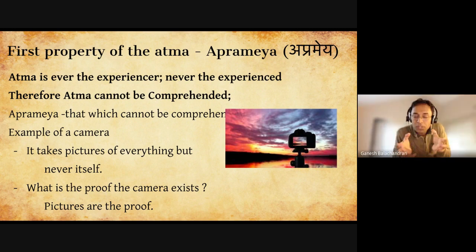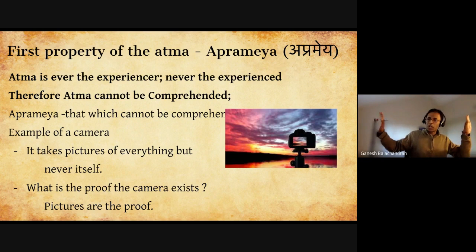Doesn't get sucked up. Once it gets sucked up, you start accumulating karma. The karma accumulates on the sukshma shariram, not on the atma. Krishna says, udasinavat asinam, in the 9th chapter. I am just detached, udasin, just very casually, I'm just observing everything.